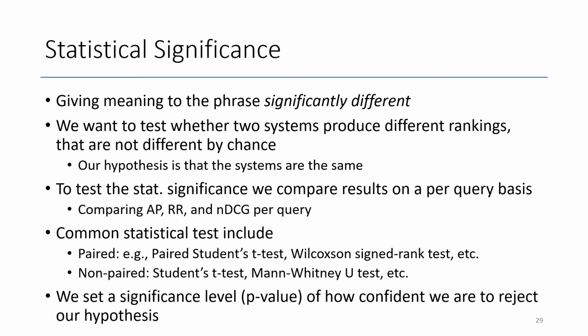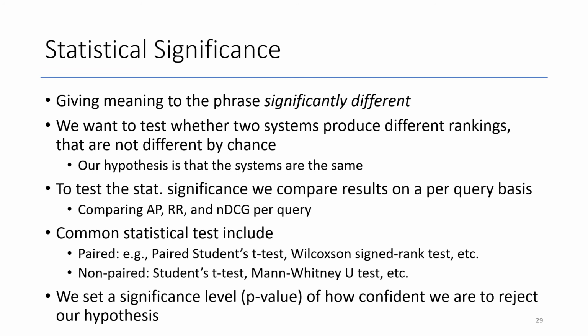Our hypothesis is that those systems are the same, and now we test via a statistical significance test on a per query basis. So we compare average precision, reciprocal rank, and nDCG per query as lists in either a paired t-test or, for example, a Wilcoxon test.